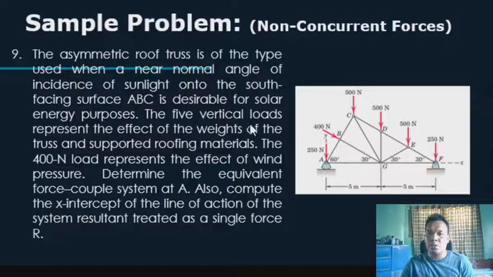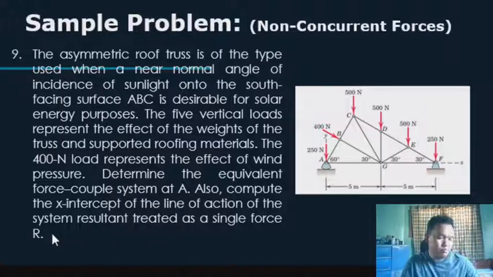The five vertical loads represents the effect of the weight of the truss and supported roofing materials. The 400 Newton load represents the effect of the wind pressure. Determine the equivalent force couple system at A. Also, compute the x-intercept of the line of action of the system resultant treated as a single force R.